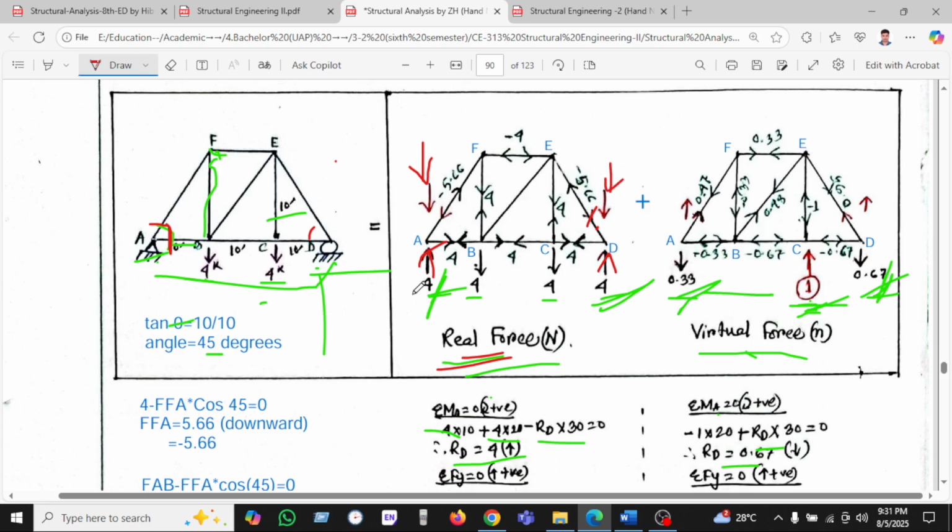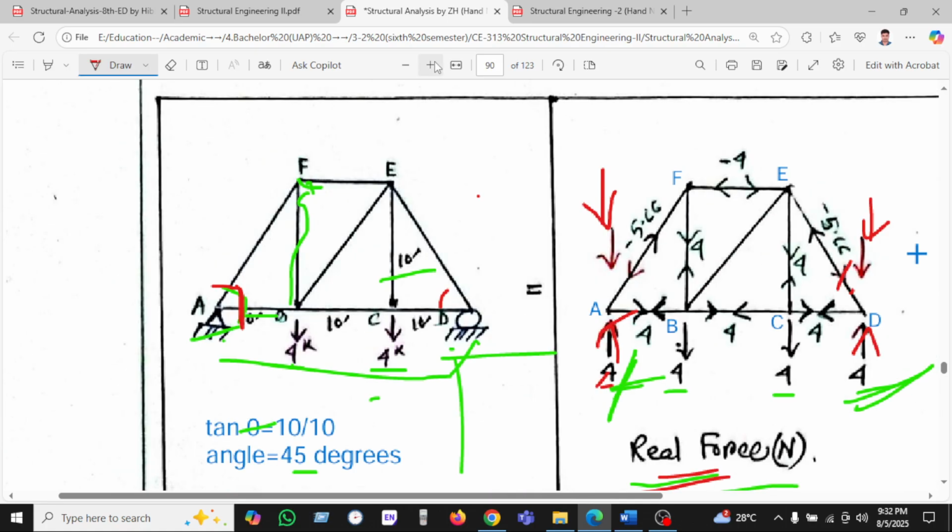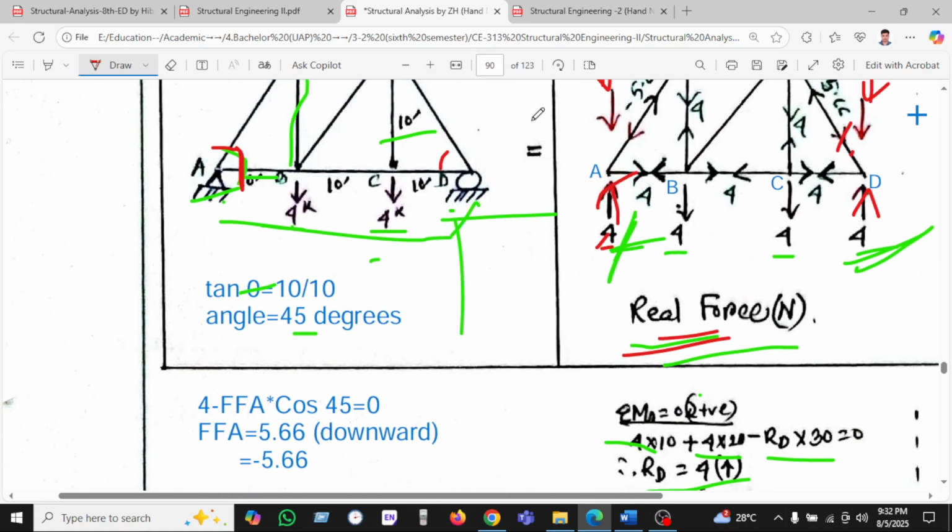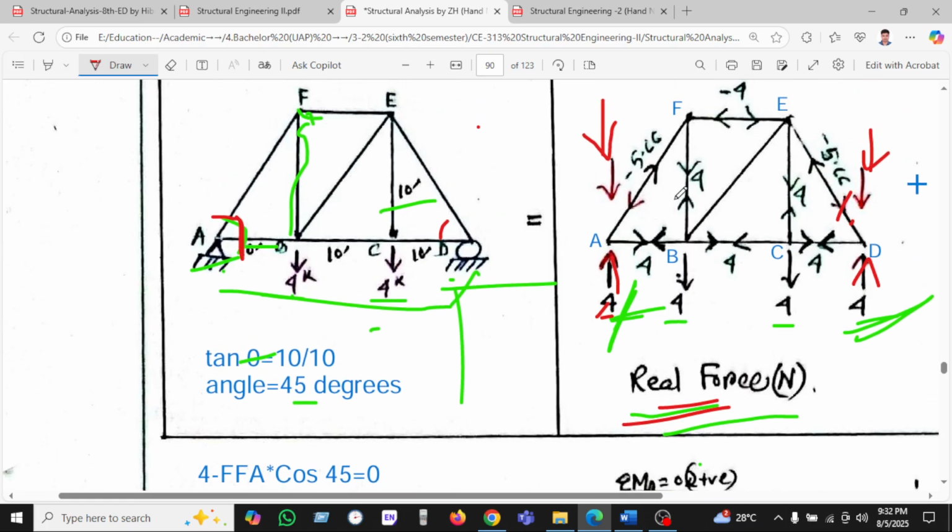I will calculate. So let's see at first the left side, which is given as 4. We assume that this 4 is upward, so the reaction will be downward, like this. If we calculate that this member is downward, there are 2 components, one vertical and another horizontal.